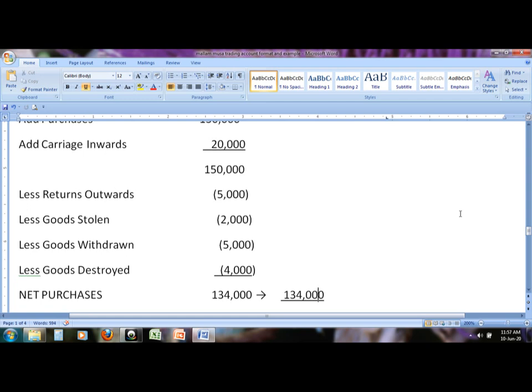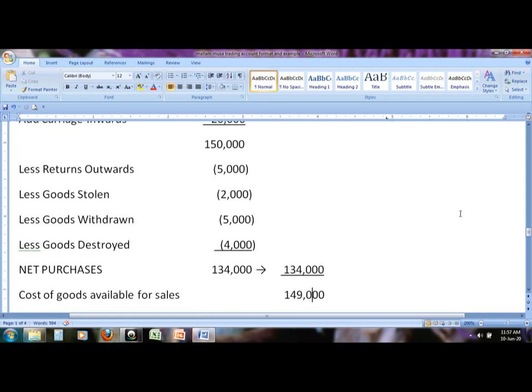That 134,000 naira is our net purchase. You can see the arrow. Do not make the mistake of thinking that 134,000 naira is written twice. No, it's written once, and the arrow indicates that 134,000 is going to be added to your opening stock. That's the meaning. Our net purchase is 134,000.